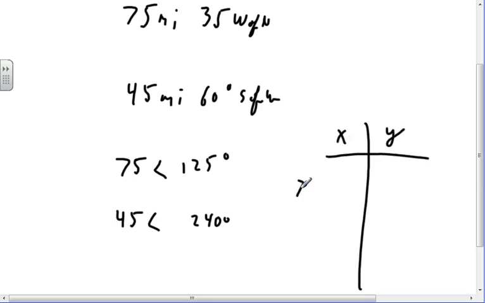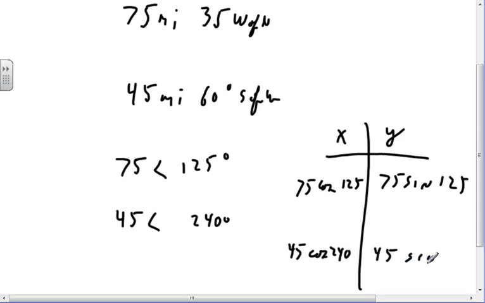So I want 75 cosine 125, 75 sine 125, 45 cosine 240, and 45 sine 240.